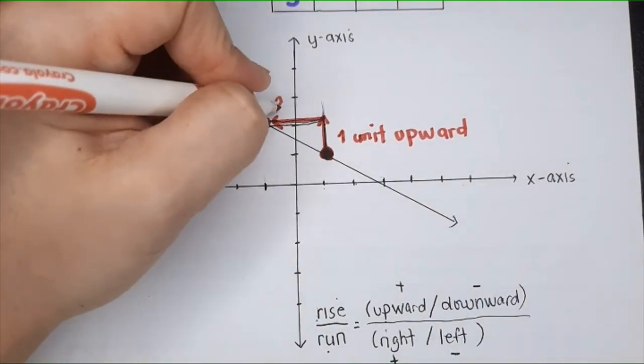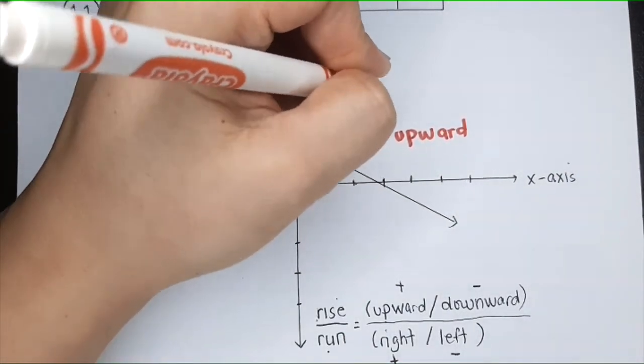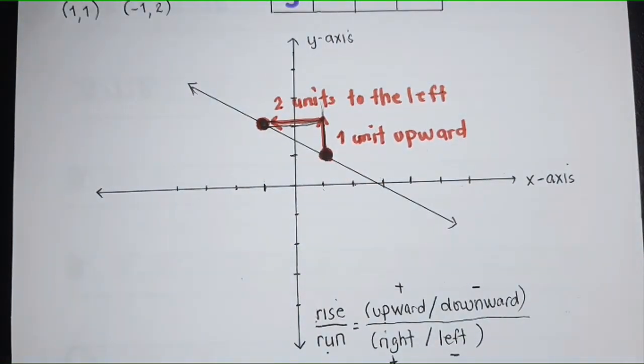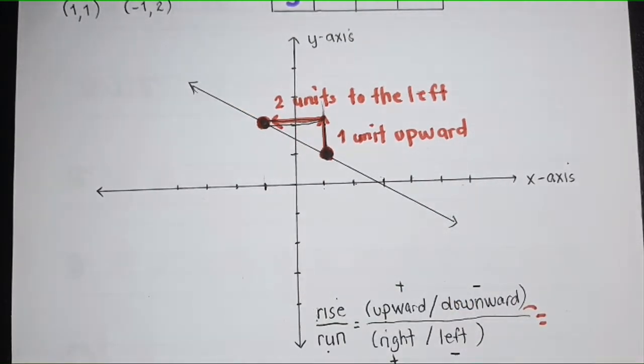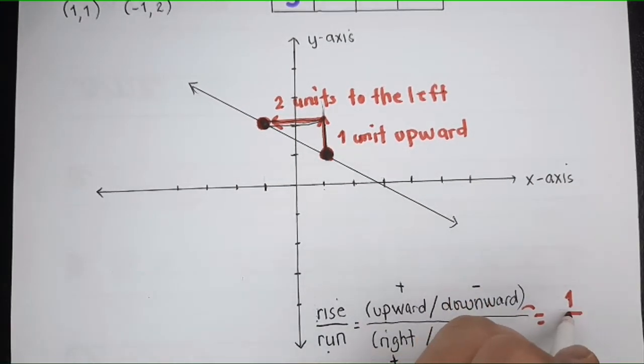So let me write that. 2 units to the left. Okay? So, ang rise over run is equal to, so, since it moves upward, you have positive 1.